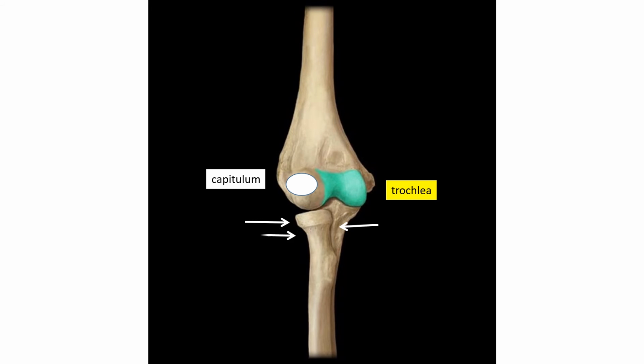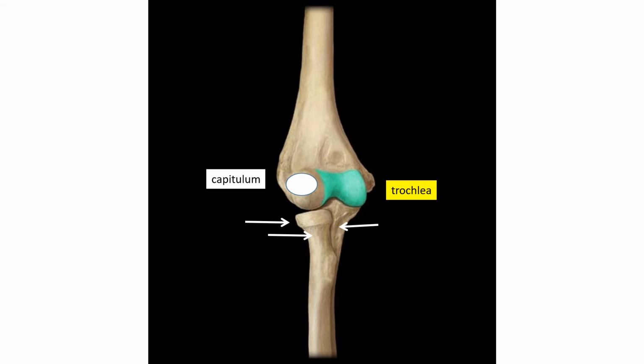Then we can see the tip of this arrow. It is pointing at the upper end of the ulna, where you find a process that is called coronoid process of ulna.